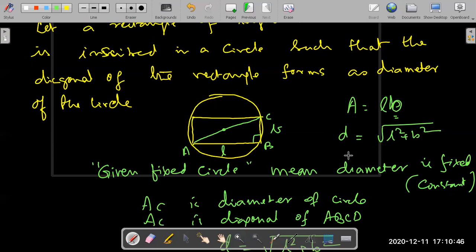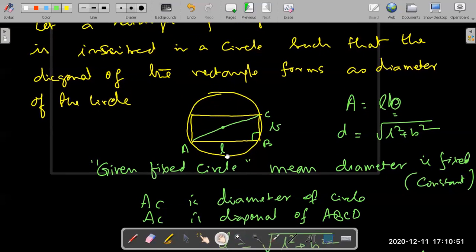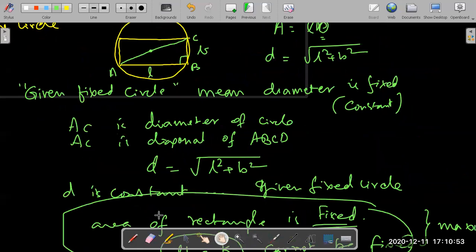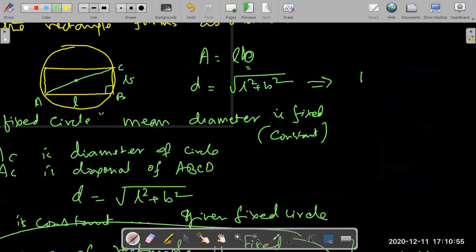From that we get B squared equal to D squared minus L squared. Therefore, B is equal to the square root of D squared minus L squared. In this, D is fixed. That is how we should be doing it.